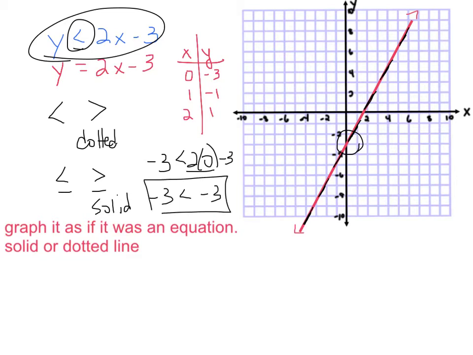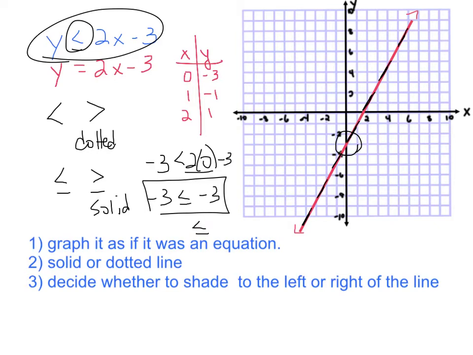Anything a little bit more would actually be less than negative 3, but negative 3 is not less than negative 3. So any point on the line is not a solution. If it had been less than or equal to, it actually would be a solution. So we can draw the solid line, and that represents that every point on the line is a solution.